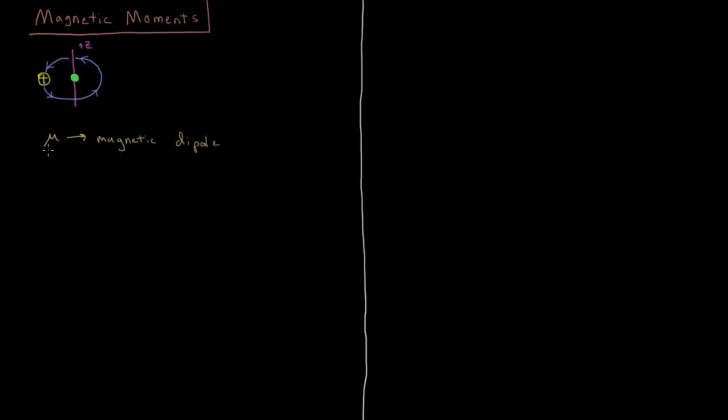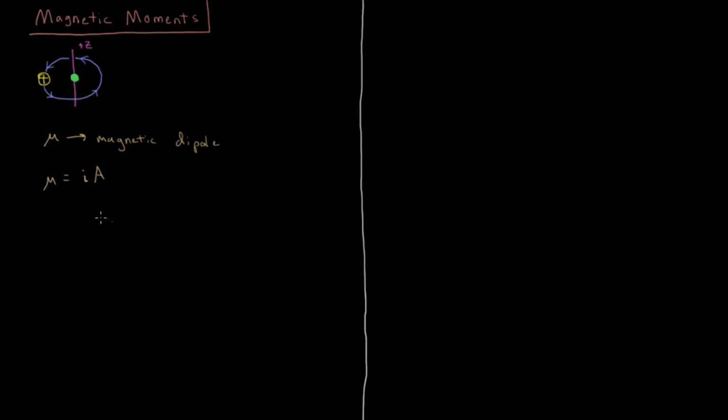So this magnetic dipole, whenever you have a situation like this, is going to be equal to the current, which is the charge passing through a cross-section per unit time, times the area of this path that it makes.